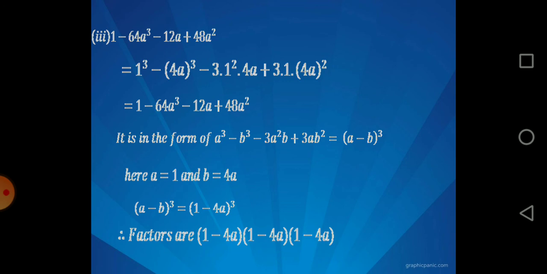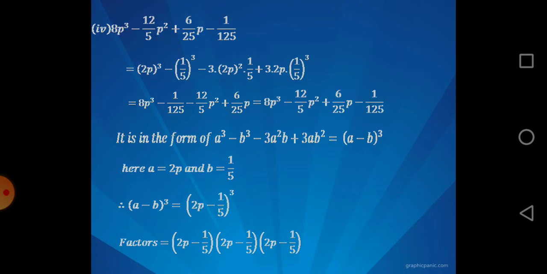So now we have come to a conclusion that the question is in the form of a cube minus b cube minus 3a square b plus 3ab square, which is equal to a minus b whole cube. So as a is 1 and b is 4a, the factors are 1 minus 4a whole cube, which is equal to 1 minus 4a into 1 minus 4a into 1 minus 4a.